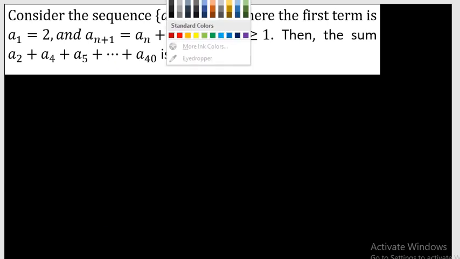The next question, consider the sequence an for n greater or equal to 1, where the first term is given, a1 is equal to 2, and an plus 1 is equal to an plus 4, it's given again for n greater or equal to 1.